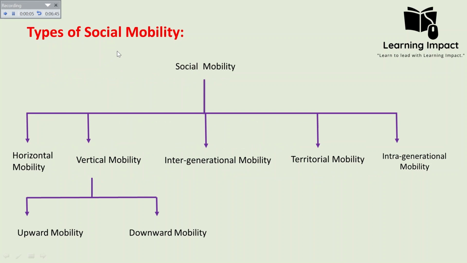I have drawn a chart which illustrates all the types in a single table. Social mobility has the types including horizontal mobility, vertical mobility, intergenerational mobility, territorial mobility, and intra-generational mobility. Within vertical mobility, we have upward mobility and downward mobility. Now, we will discuss each and every type of social mobility in detail along with examples, okay?